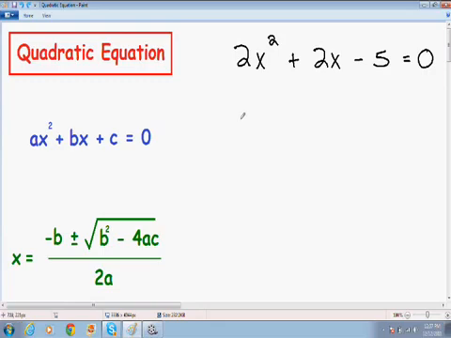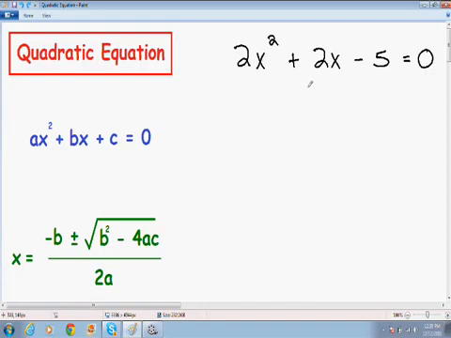In order to use the quadratic formula, the equation has to be in standard form. What I mean by that is that it has to be equal to 0. All the x terms and numbers have to be on the left, and everything has to be equal to 0. The formula has 3 letters: A, B, and C. The A is always the number in front of the x squared term.